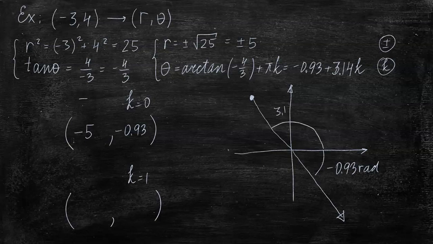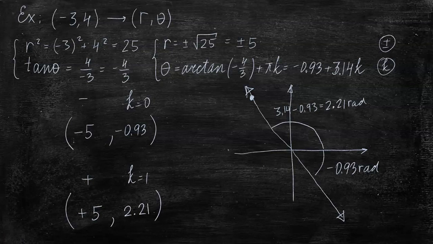It's going to be 3.14 minus 0.93, which is the same as 2.21 radians. So if you choose k to be 1, then you are facing this way, and then you should be choosing r to be positive 5. So again, just want to remind you that not every value of k will work with every choice of the sign for r.